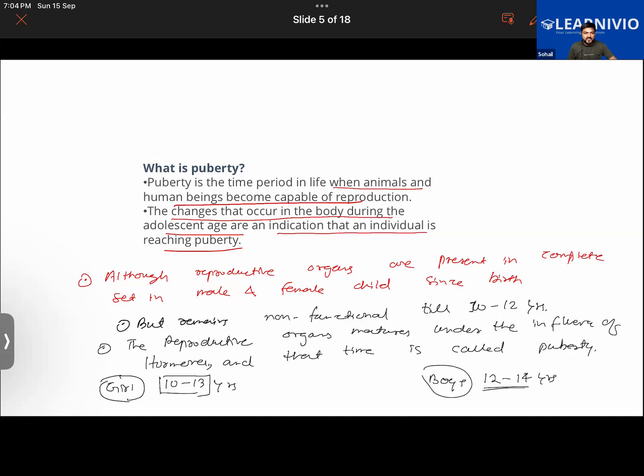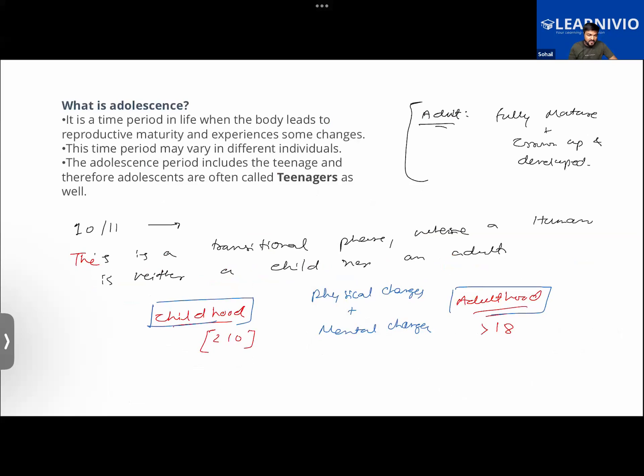What we learned about adolescence is that it's a period of changes. It starts from the age of 10, 11 and lasts till the age of 18, 19. It's a time when the person transitions from childhood to adulthood.